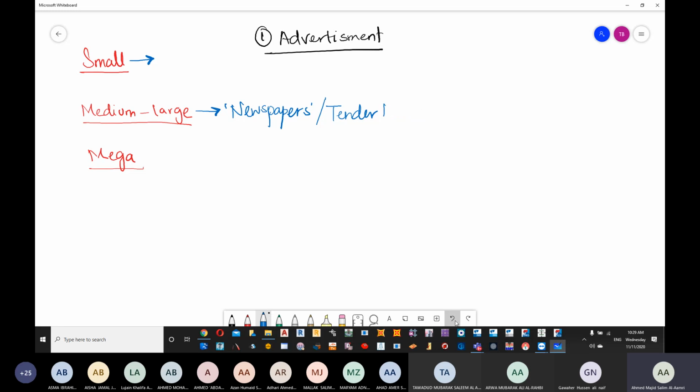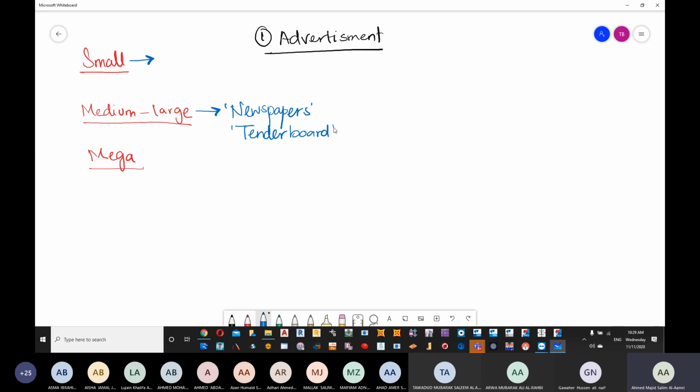Anybody knows what's the meaning of tender board?